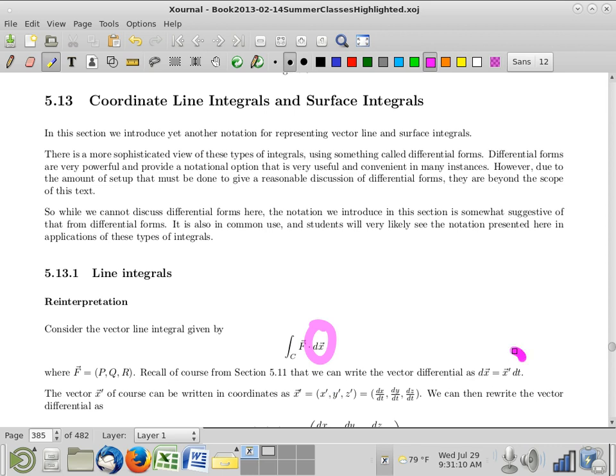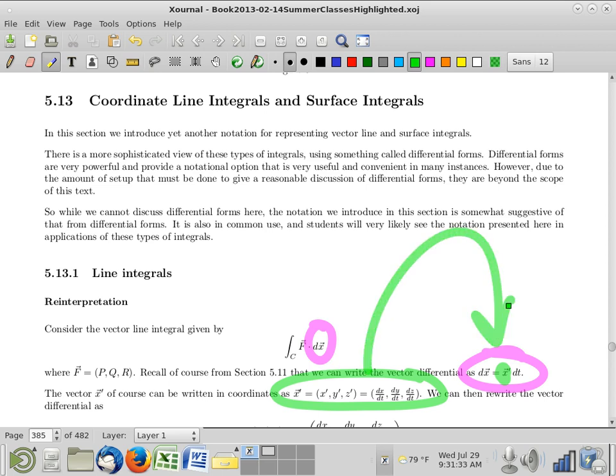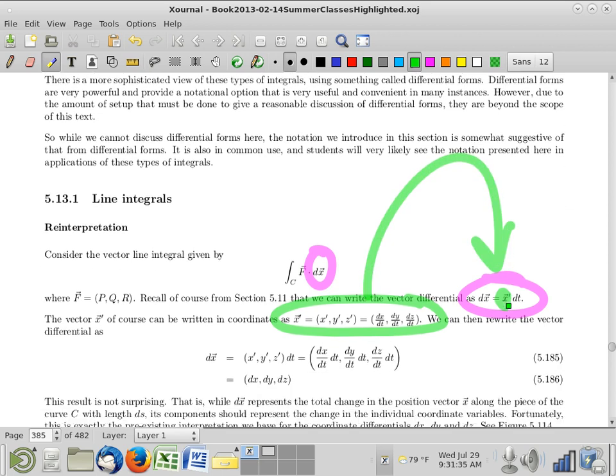Well, here's our sort of easy formula for the vector differential. dx is x prime dt, and that's pretty familiar, believable, right? But let's now take x prime, and let's expand out what we know about x prime. And now let's plug that into there and see what this formula becomes.